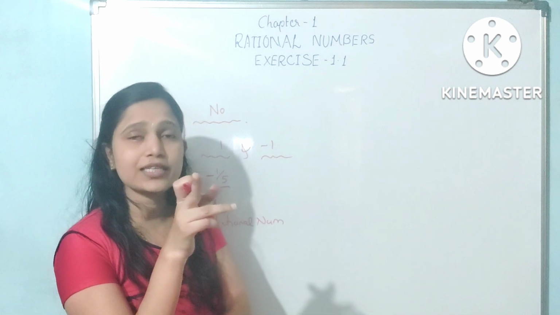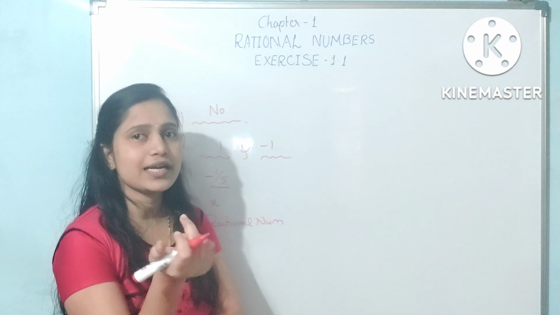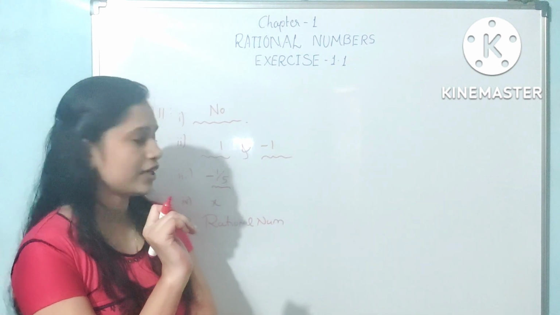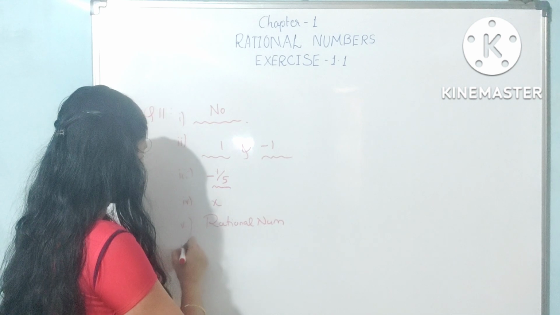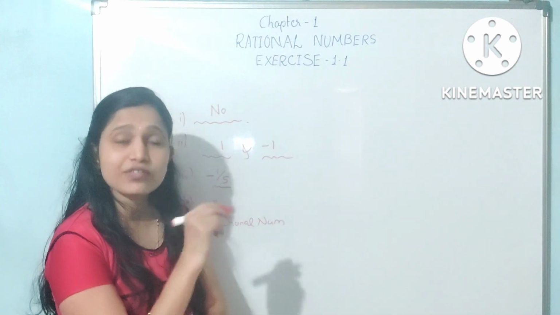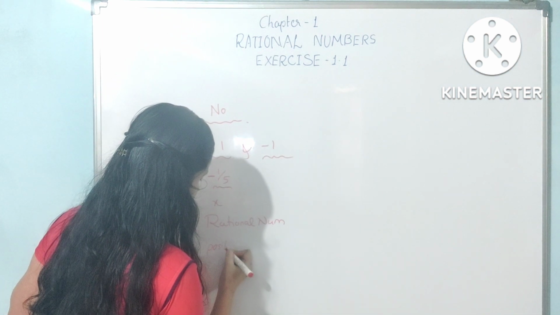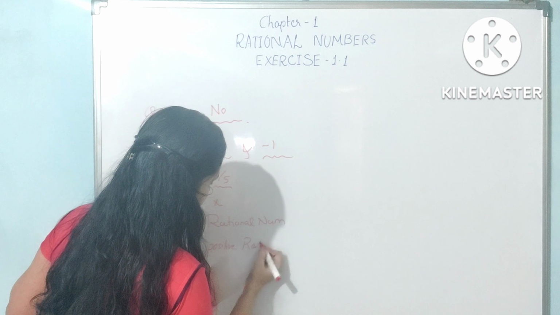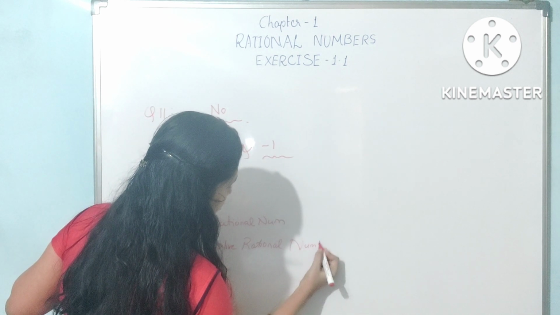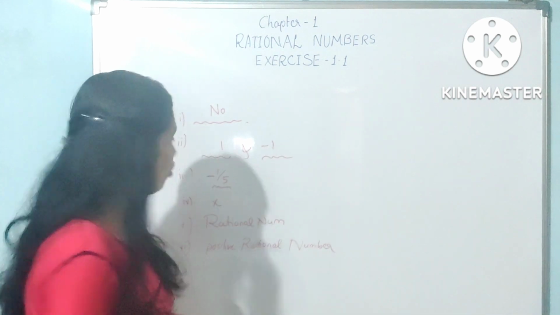If you want to see that, I have already given the link in the description. You can refer to that and watch the complete video so that you'll understand thoroughly. The next one. The reciprocal of a positive rational number is again a positive rational number. I think we have already solved it.